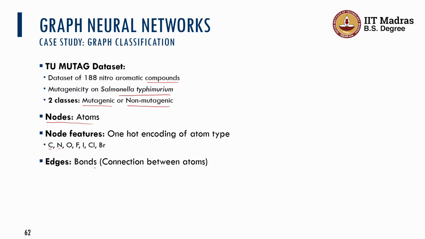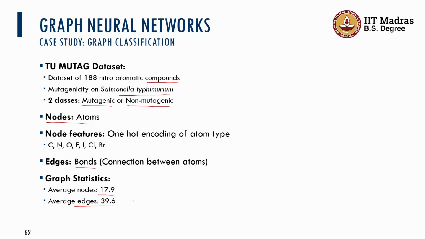Edges, as usual, are bonds, which are the connection between two atoms. And there is no edge feature associated with the edges in these graphs. The graph statistics here: on an average in these nitroaromatic compounds, we have around 18 nodes and around 40 edges in the graph.